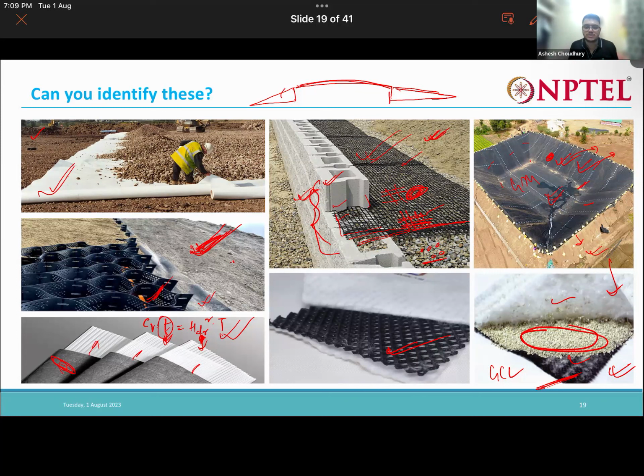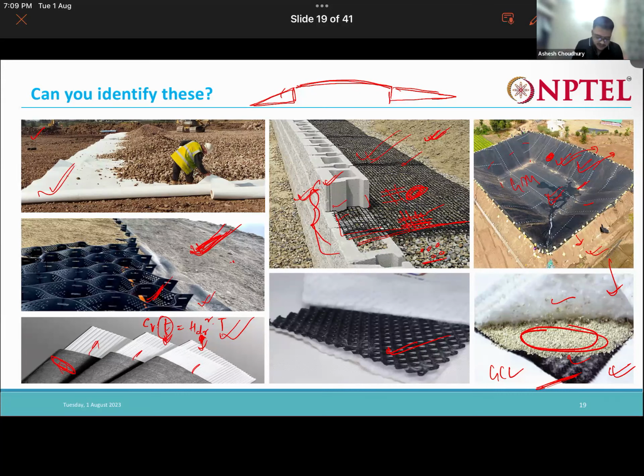With the use of geogrids, the earth was reinforced to make these approaches. Most of these flyovers you see around on highways, 99% of them have approaches that are constructed over this reinforced structure.